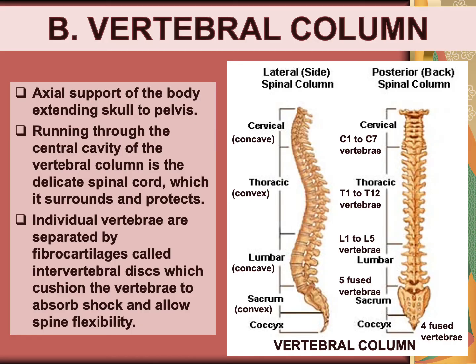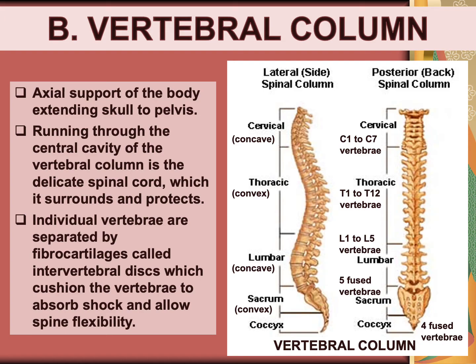The spine is formed from 26 irregular bones, and they are connected and reinforced by ligaments in between in such a way na nagiging flexible at nagkakaroon ng curve structure yung ating vertebral column. You will see in the photo that the terms convex and concave are there.